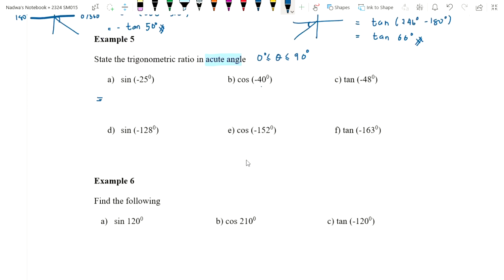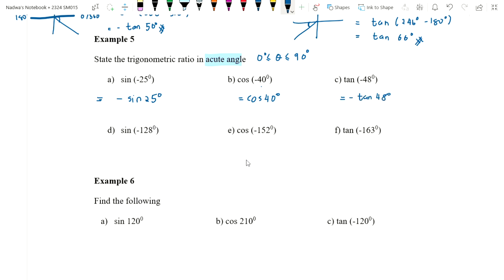So in this case, sine negative 25 degree is equal to negative sine 25 degree, but cos negative 40 degree is equal to cos 40 degree, and tangent negative 48 degree is equal to negative tangent 48 degree.